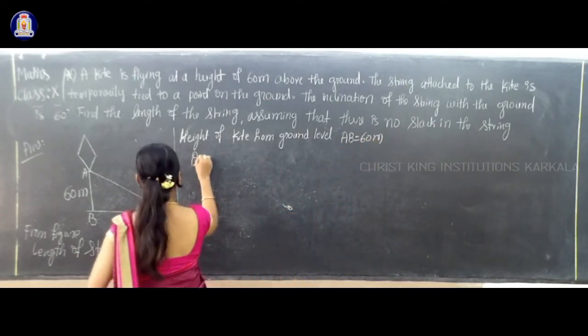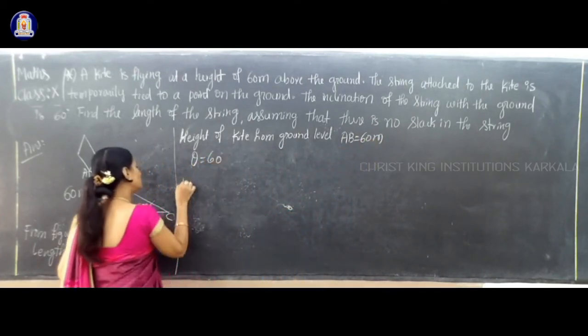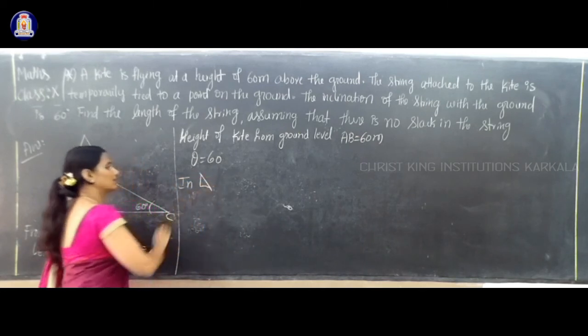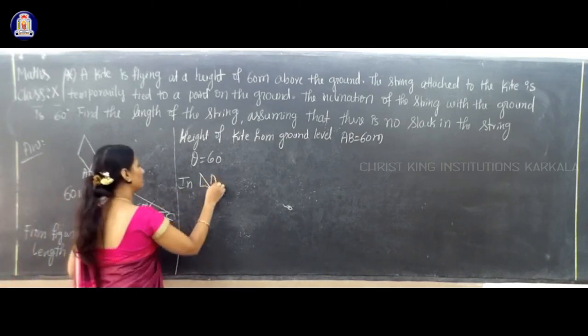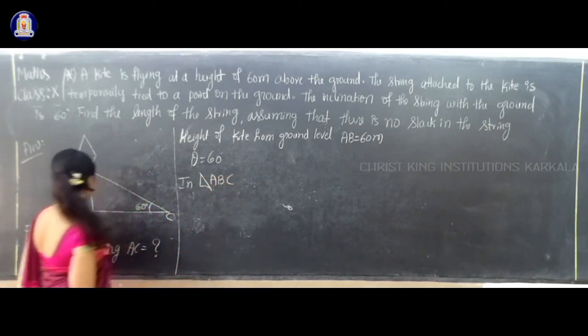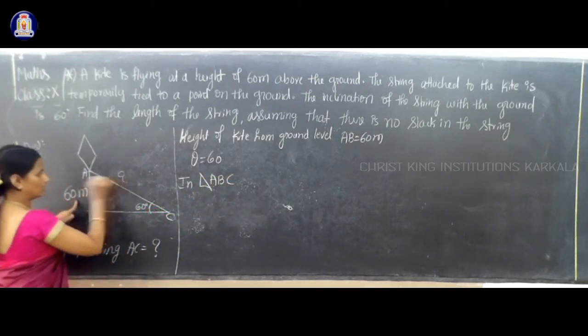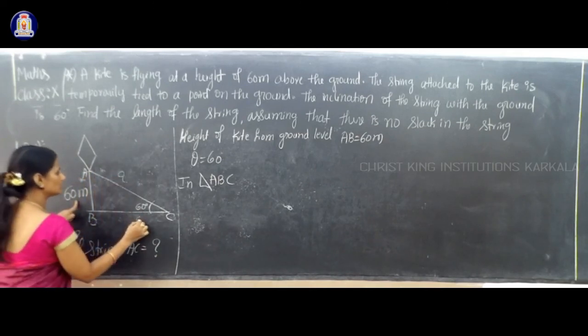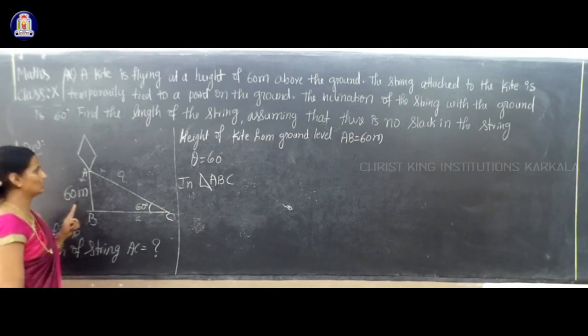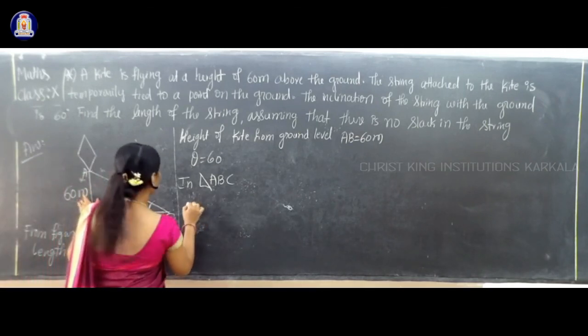Next, theta is 60. In which triangle? In right angle triangle ABC. So this is 60 meters, and AC is the question mark. Opposite side, hypotenuse side, adjacent side. The adjacent side is not necessary, only the opposite and hypotenuse sides. So which can we use?